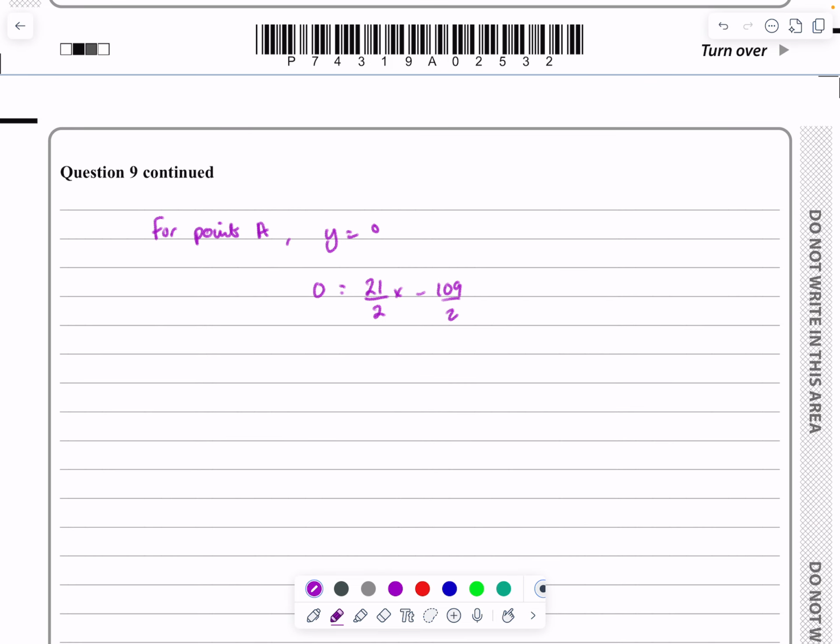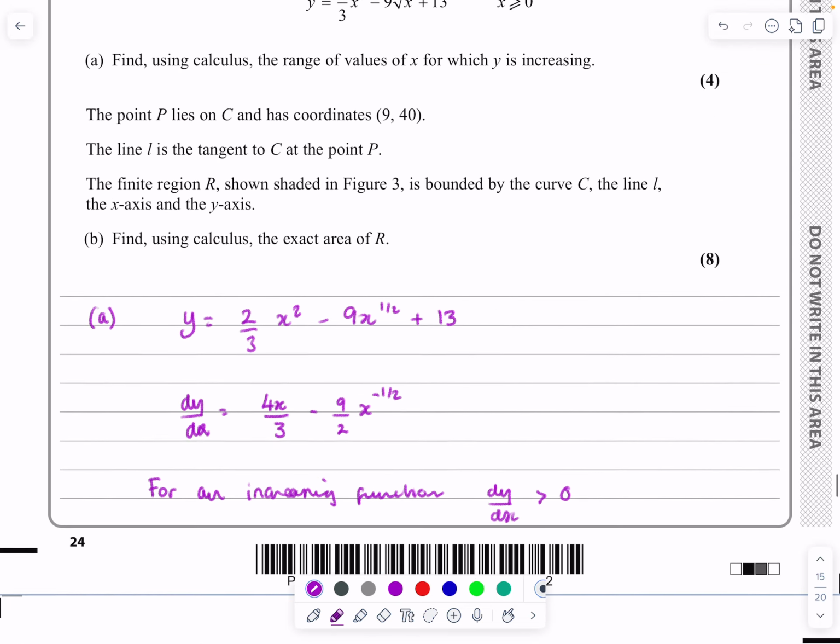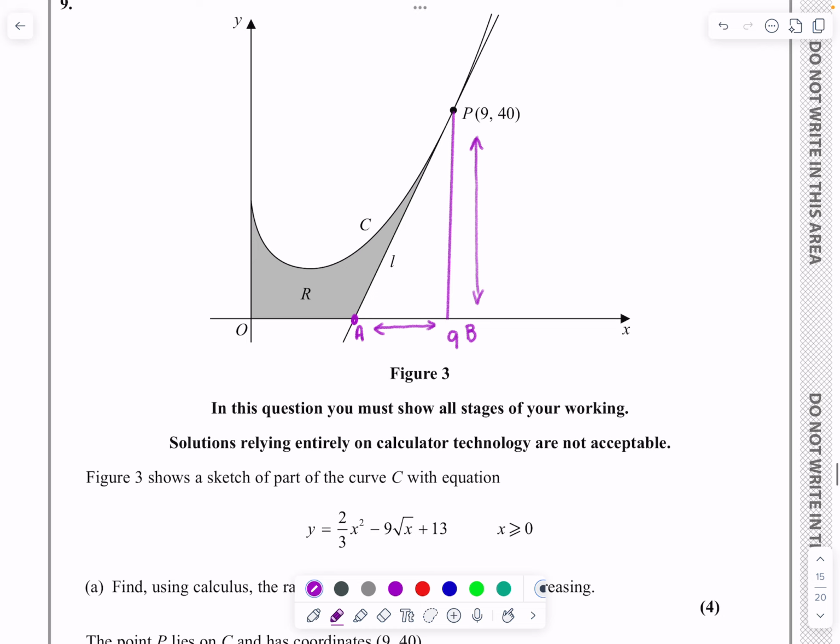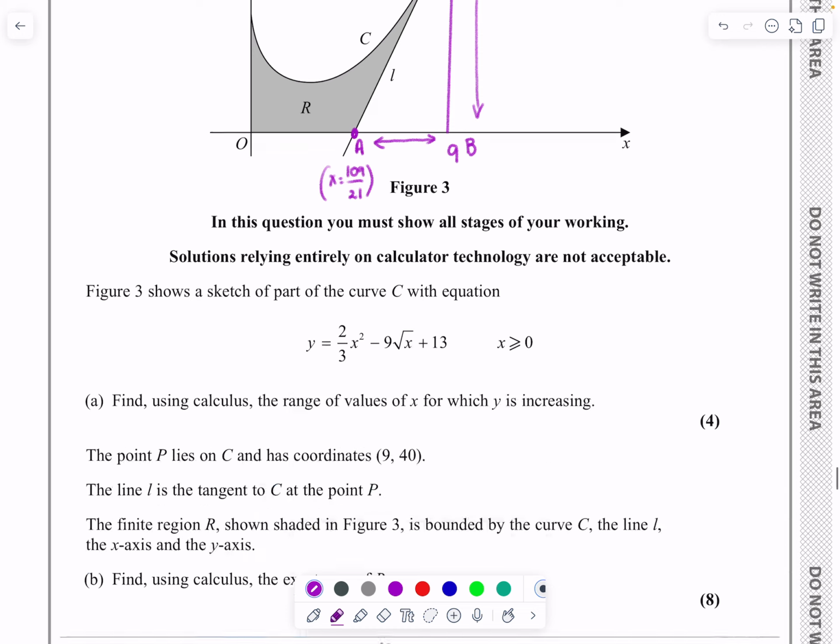That means x works out to be 109 over 21. So going back to my diagram, I now know that this point is 109 over 21. That point there.